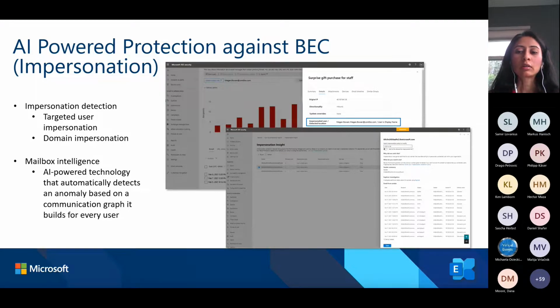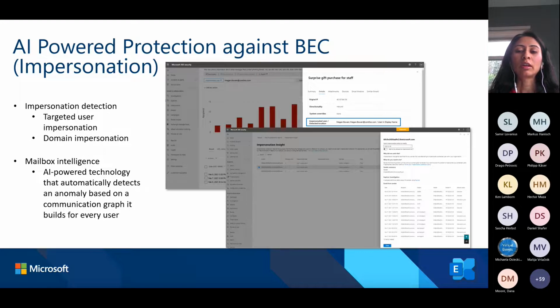So in this case, the list of targeted users that a security admin specifies says, regardless of what the system has learned, these users need to be protected. They send to the entire organization, and because of that nature, they are targeted often.